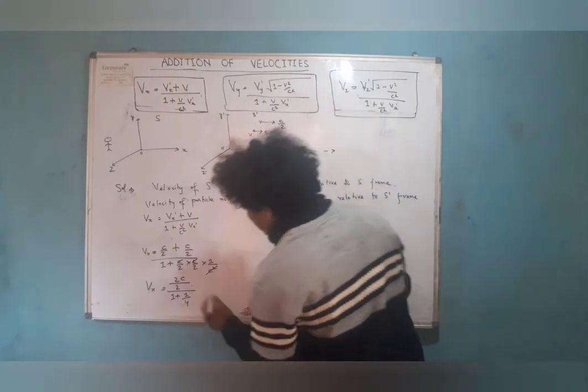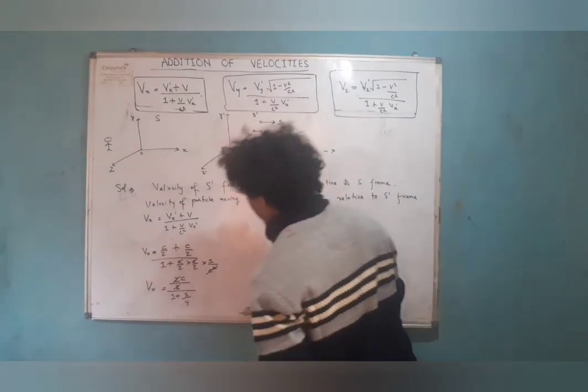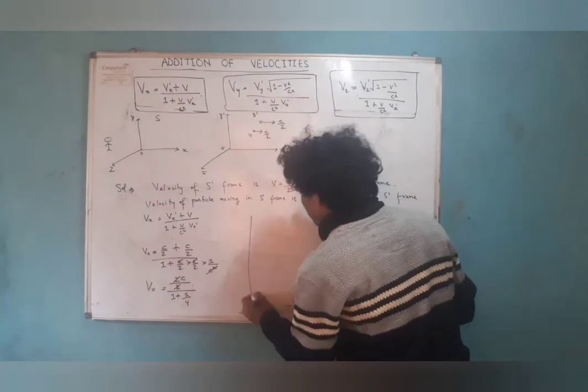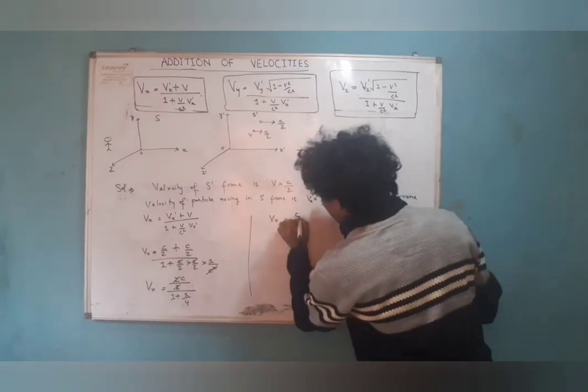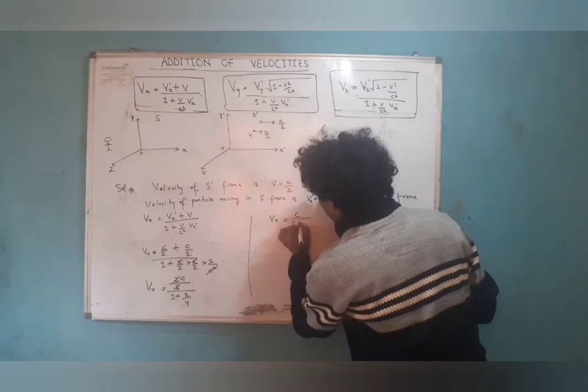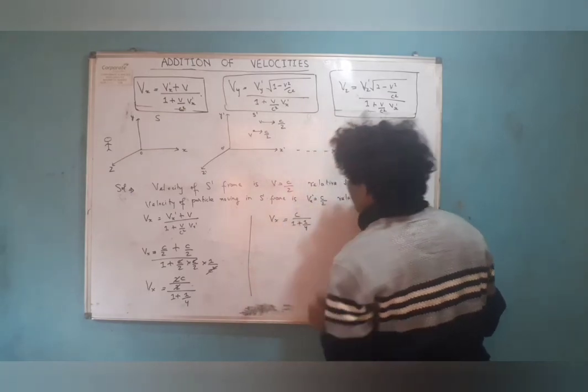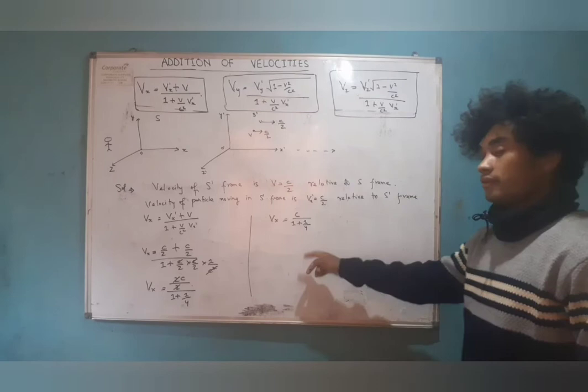So we can cut here, 2 by 2 gets cancelled out, and so I write here Vx equals c into (1 plus 1 by 4). So here we have to do LCM.